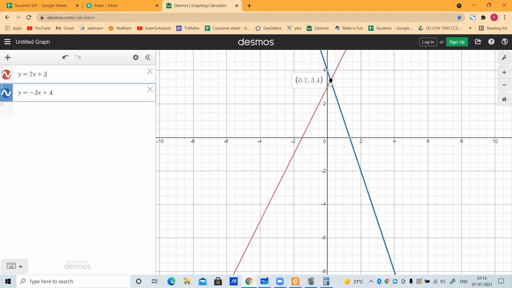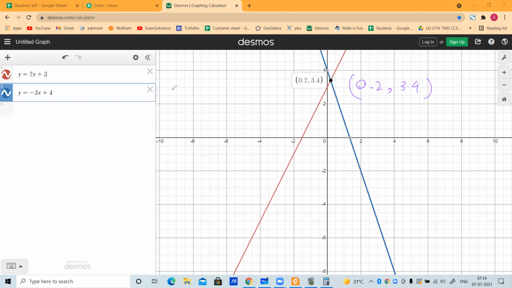I see it. What are the coordinates of this point? 0.2, 3.4. Okay, it's 0.2, 3.4. I had to zoom in to see that because it was small.